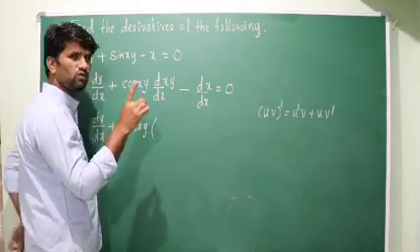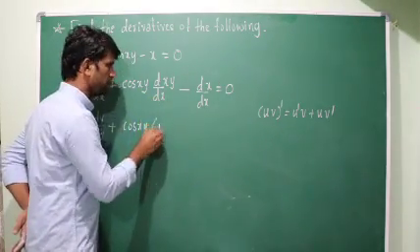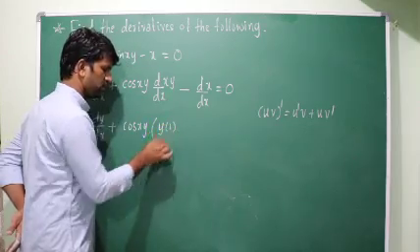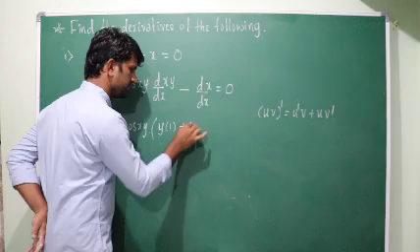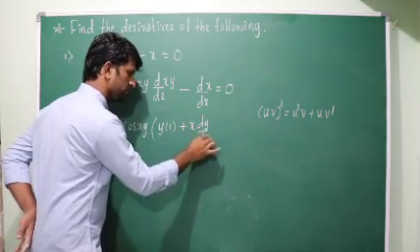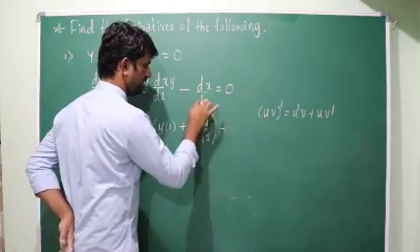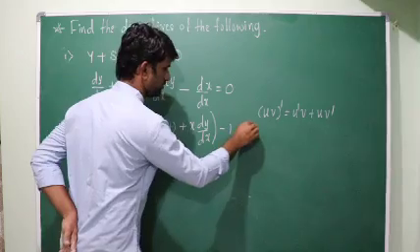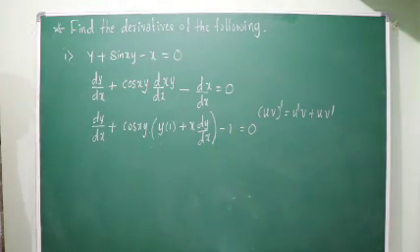What is the differentiation of x? 1, and y as it is, plus x as it is, dy by dx, the differentiation of y with respect to x, minus differentiation of x with respect to x is equal to 1, which is equal to 0.